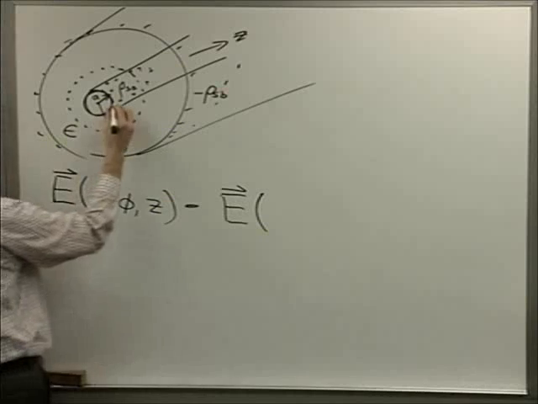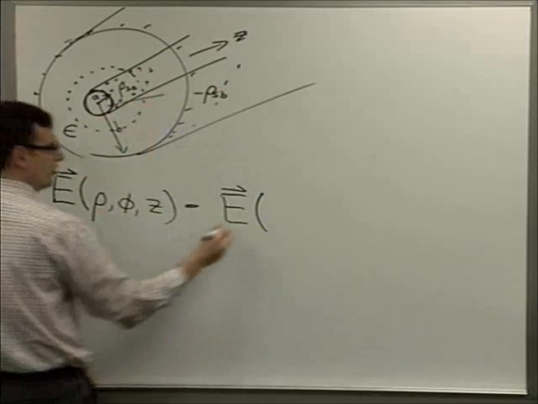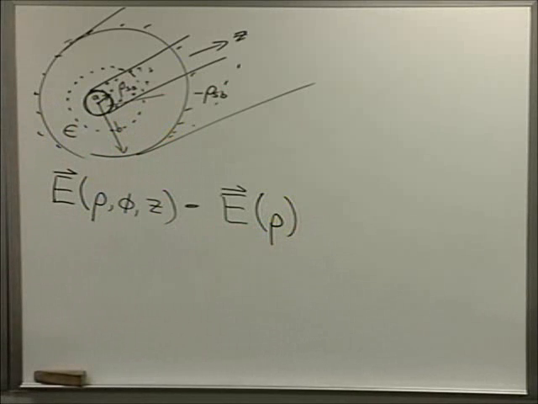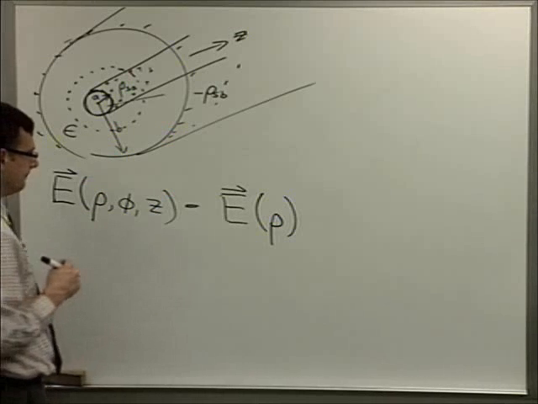The only thing that should matter is how far I am away from that radius. So already, with just that simple argument of symmetry, I can write this as my full electric field solution should only be a function of rho in terms of its point of observation. Everybody agree with that? Yes? Okay, good. Because we were going to fight if you didn't.